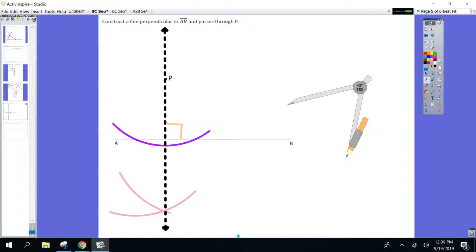And then open up your compass a little wider. Go from each point of intersection. Looks good, everybody.